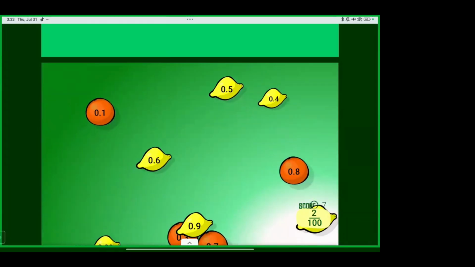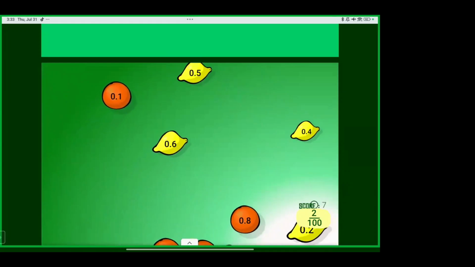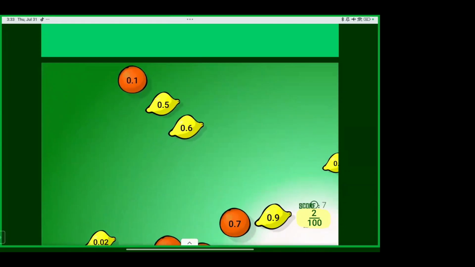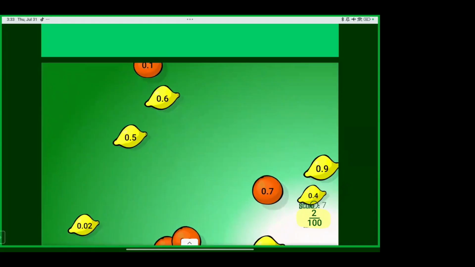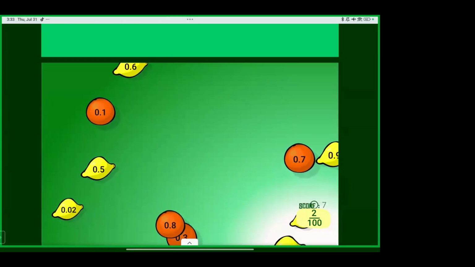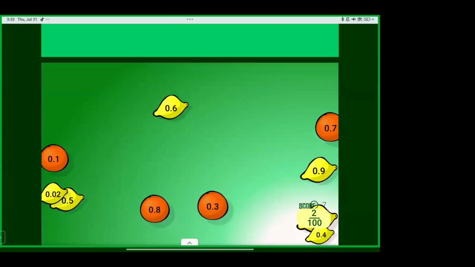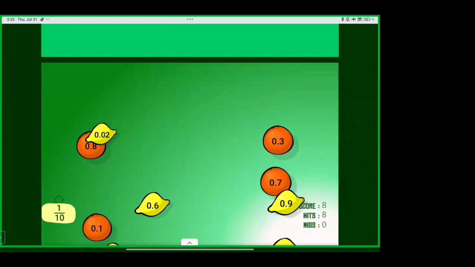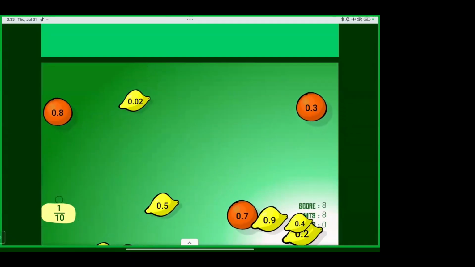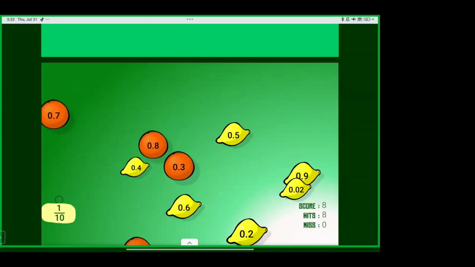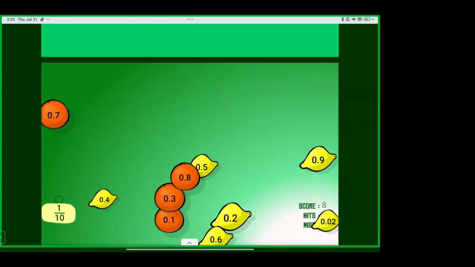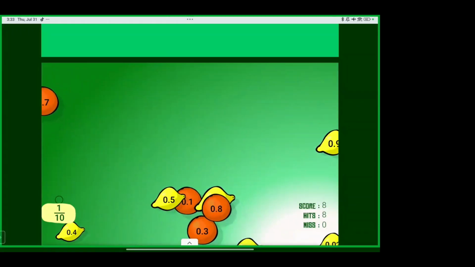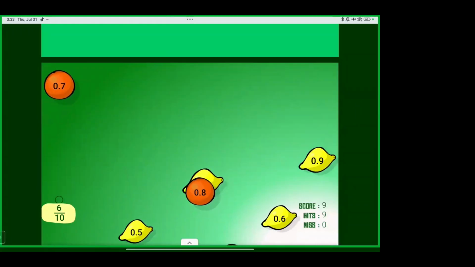This will be a hard question maybe, but can anyone try? 1 per 50. Oh, sure. Please. 0.02. Okay. Oh, that's right. Good job. And 1 per 10. Group 3, Miss. 0.1. Awesome.